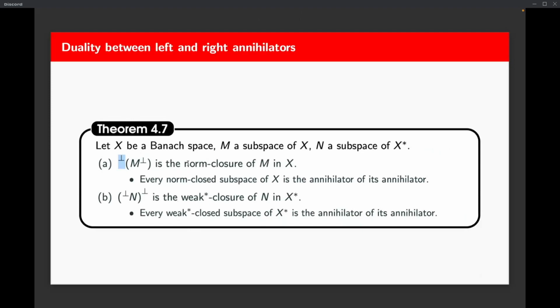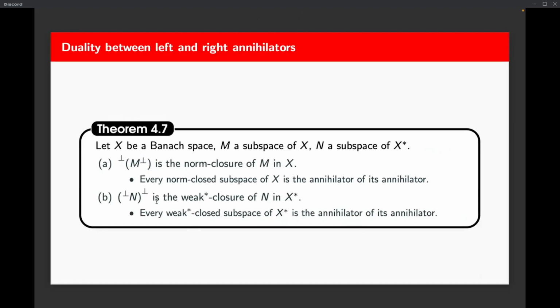That turns out to be the norm closure of M in X. And so if M itself was norm closed already, then M equals M right perp, left perp. So it is its own annihilator of its own annihilator, is how Rudin puts it.